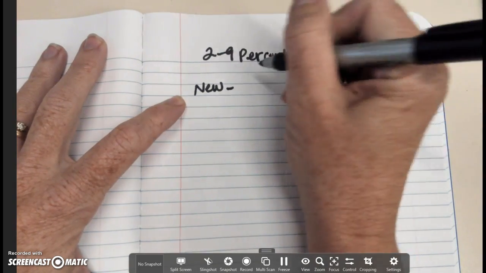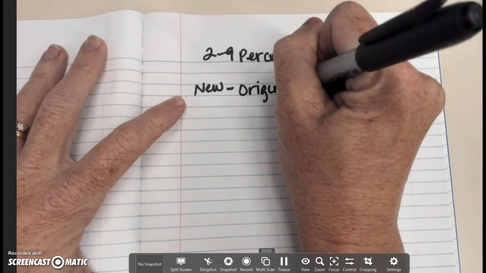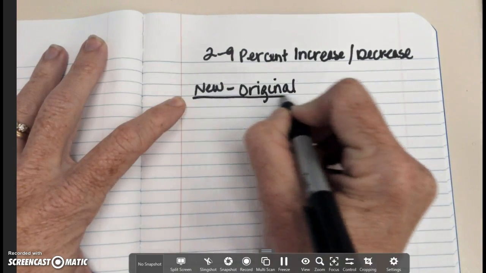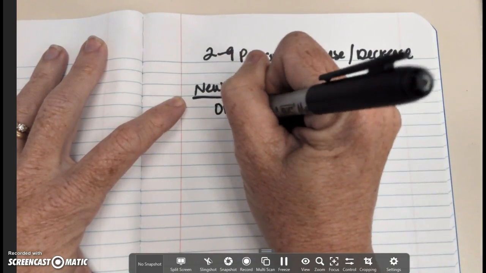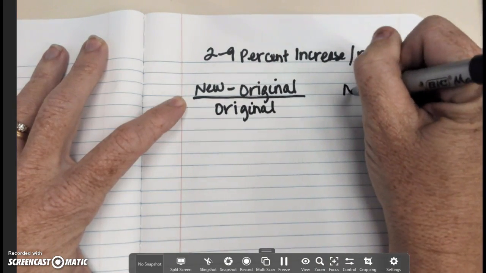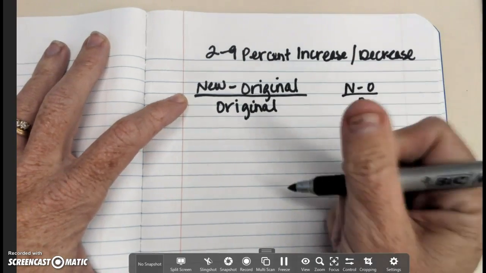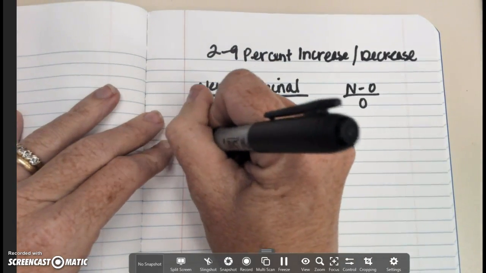And you're trying to find out the difference between your new amount and the original amount. And then you're going to compare it to the original amount. Okay? So if you really just think of N-O over O. So just think of no. Okay?